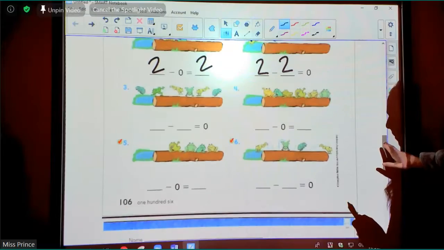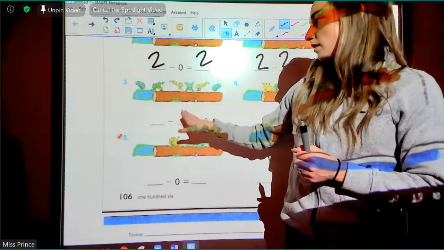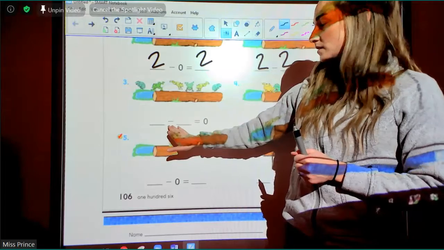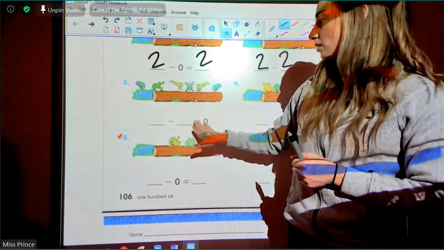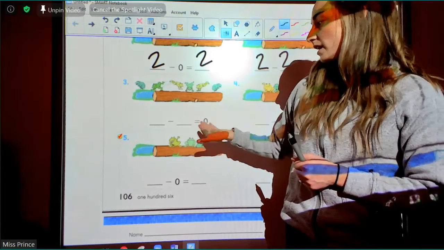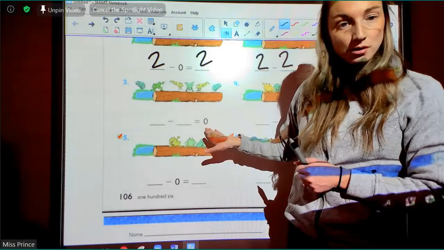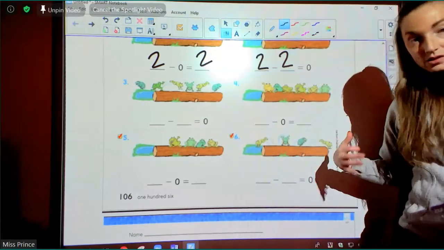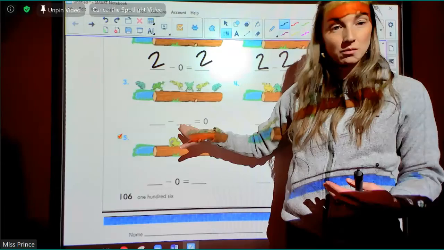All right. This time, it's saying take away, equals 0. So if we're ending with 0, if our total at the very end is 0, that means they took all of them away. So let's see how many we're starting with and how many we're taking away.